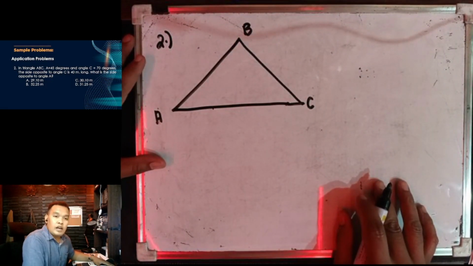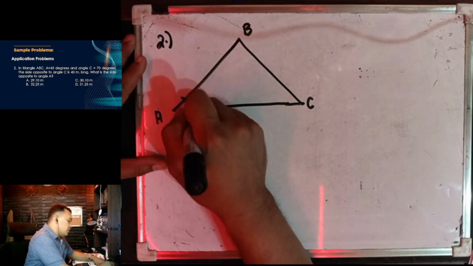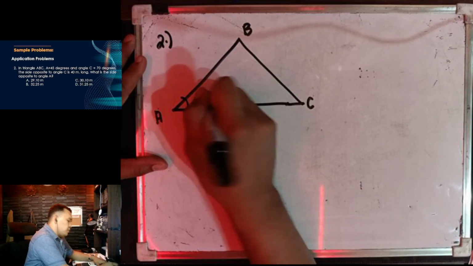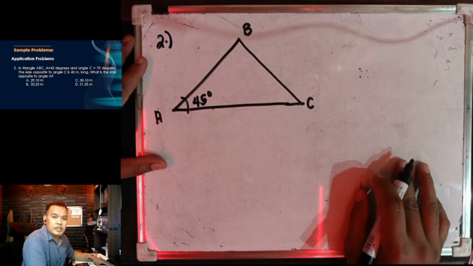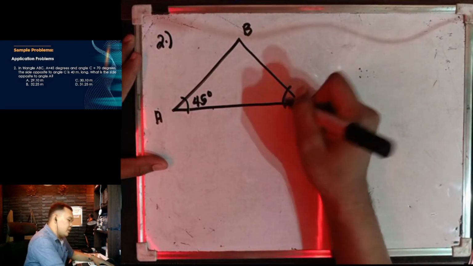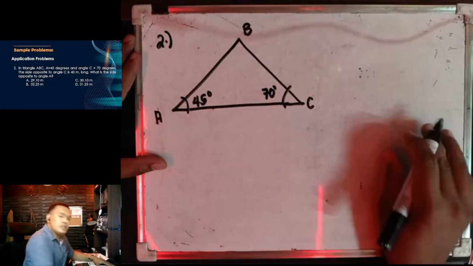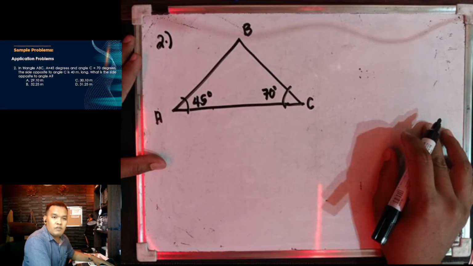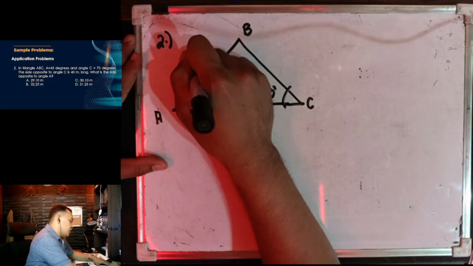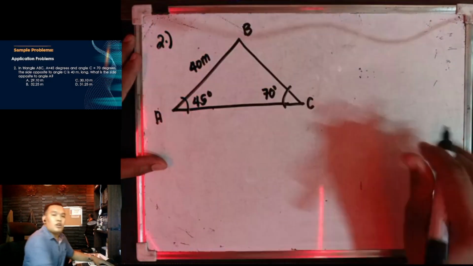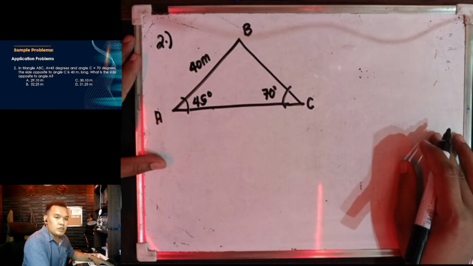Then, angle A is 45 degrees daw. Ito, 45 degrees. Then, angle C is 70 degrees. Then, given, opposite side of angle C is 40 meters long. What is the side opposite angle A?